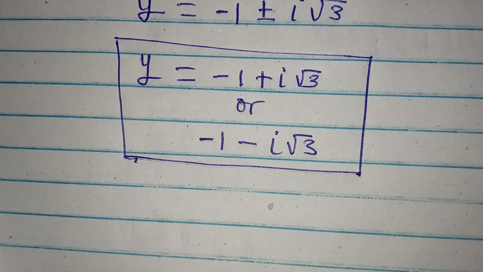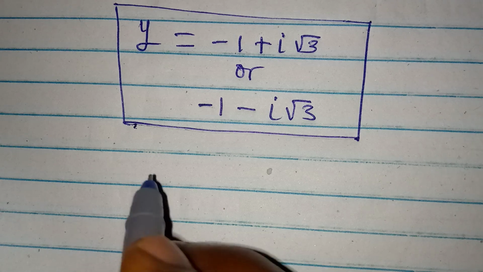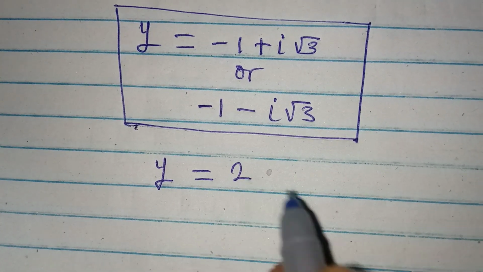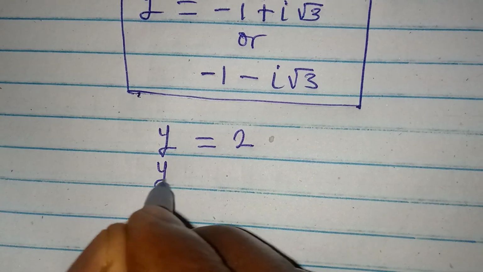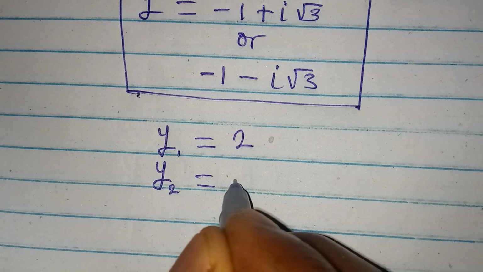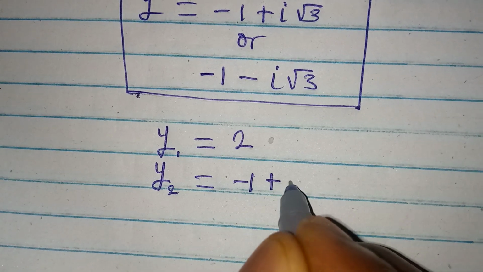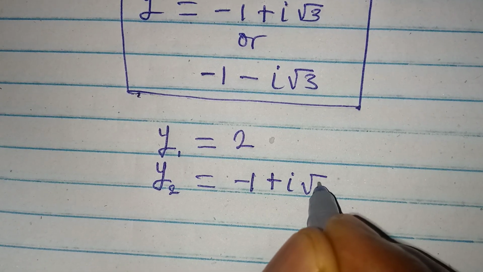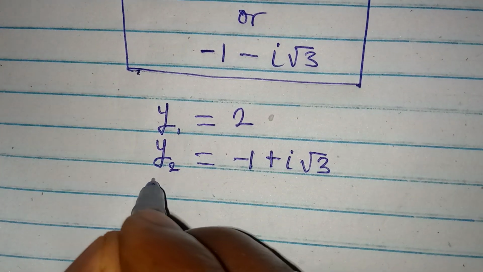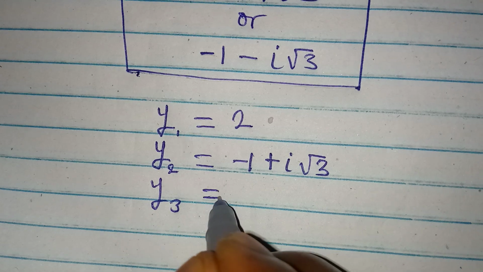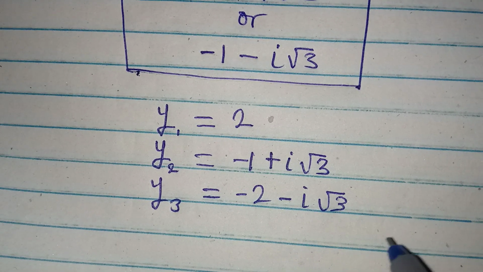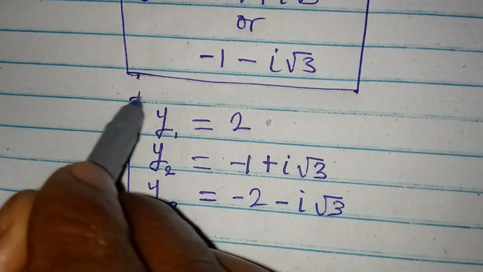But the three solutions to this problem are y equal to 2, then we have y, let's call this y1, y2 to be equal to minus 1 plus i root 3, right? Okay, then we have y3 to be equal to minus 1 minus i root 3. So these are the three solutions.